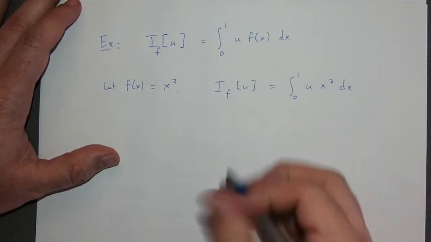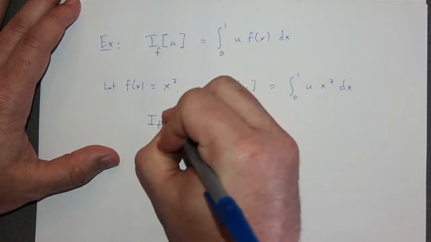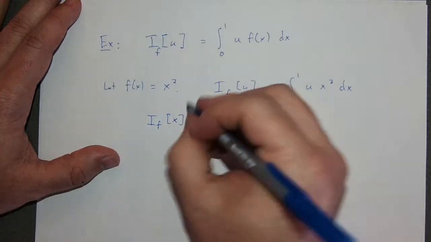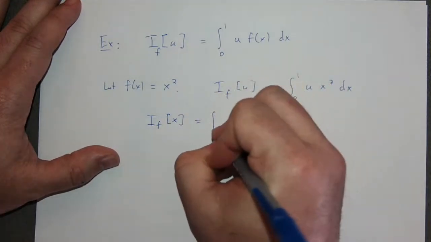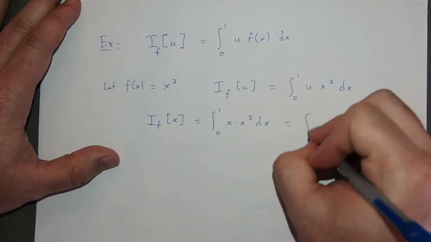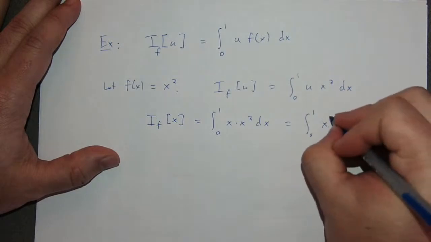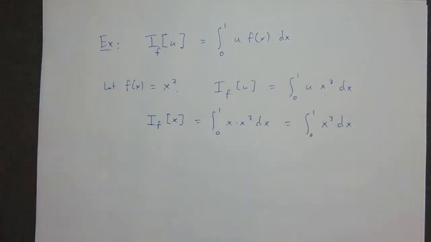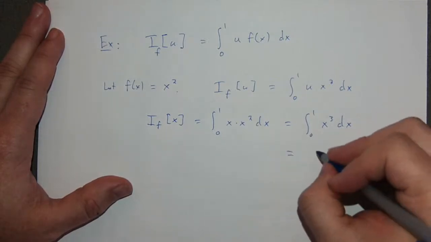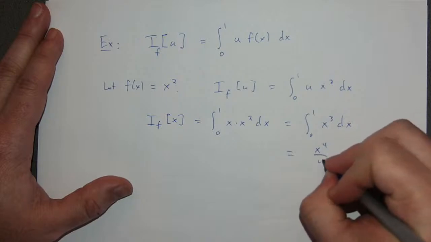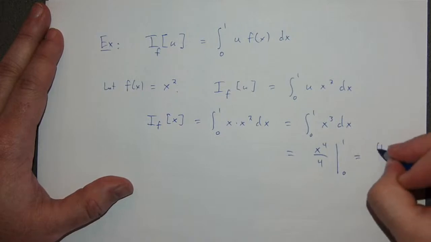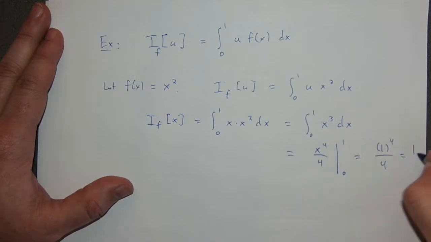For instance, for this functional I could plug in x. Then the functional value would be the integral from 0 to 1 of x times x squared dx, which is just the integral from 0 to 1 of x cubed dx. Using the integration power rule, this is x to the fourth over 4, evaluated from 0 to 1, so this is 1 to the fourth over 4, or 1/4.